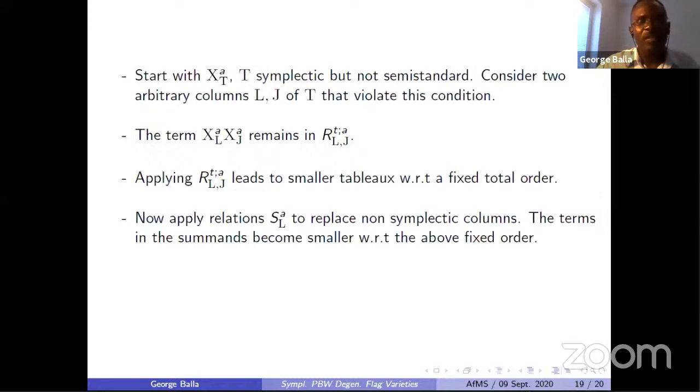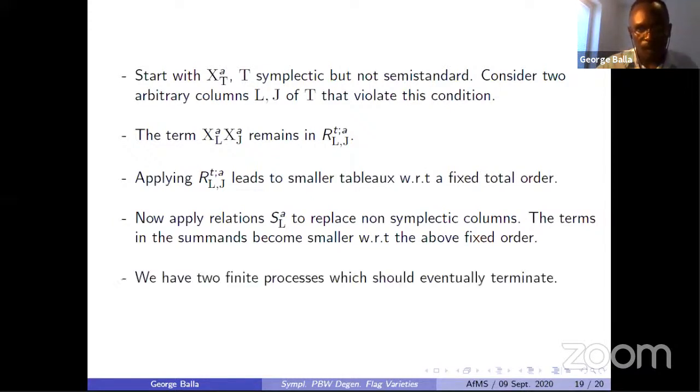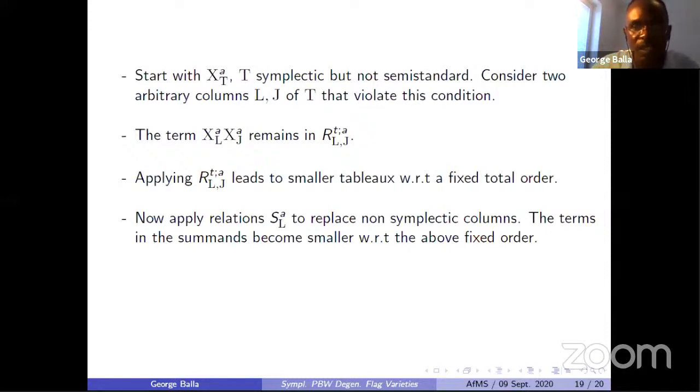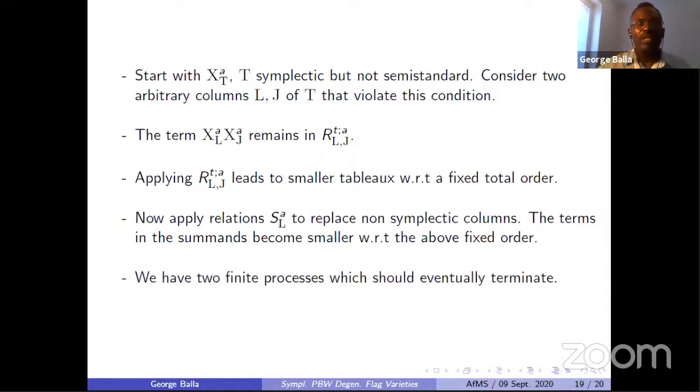Luckily, we know that the term corresponding to a non-symplectic column always will remain, so we can always apply these relations. And what we proved is that when we apply this relation, the terms become smaller with respect to the same fixed order. So we have two finite processes. We are replacing two things at the same time, and such a process should terminate. Therefore, it should be possible to write a non-symplectic, non-semi-standard tableau as a linear combination of symplectic, semi-standard tableaux.